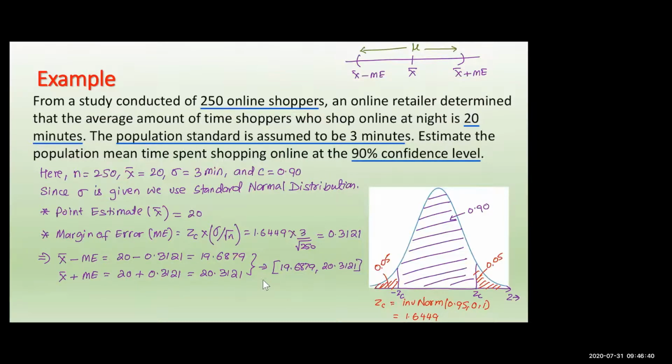You can also write the interval like that. The meaning of that is the true mean lies between these two values, and we can say that with 90% confidence. So let's write that conclusion. We are 90% confident that the true mean lies between 19.6879 and 20.3121.